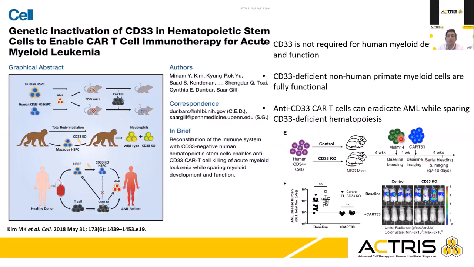And then, of course, they also grafted AML cells onto the mice. After a certain point, the hematopoiesis was recreated in the mouse model, and the tumor cells grew within the same mouse model. Anti-CD33 CAR T was given, and that showed that you could kill the acute myeloid leukemia cells without impacting the human hematopoietic stem cells that were given with CD33 knockout.